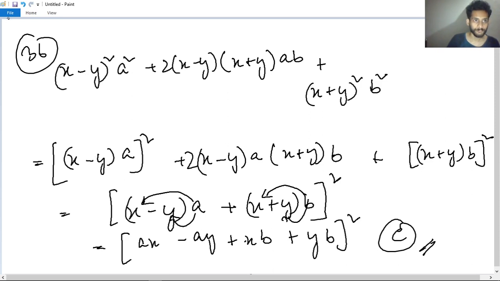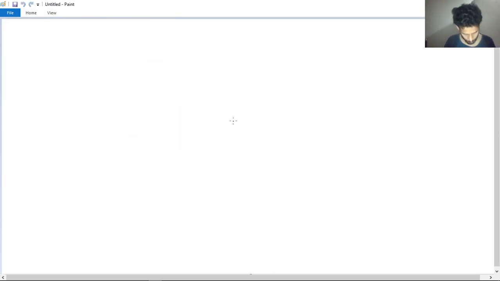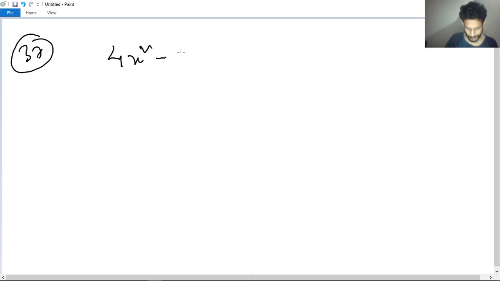Okay, then the next one, question number 37. 37 is about the side of the square, so you just have to find the square root of this one. The square root will be x minus 20 plus 25.